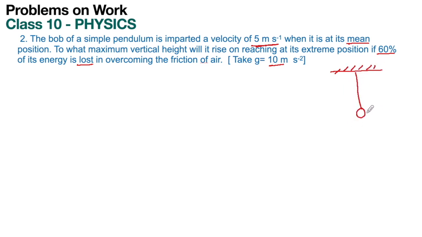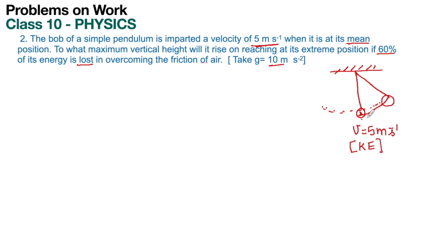Let us say this is the bob of the pendulum. Now, this is the mean position. At the mean position, the velocity is 5 meter per second. Now, this velocity is going to make it reach this extreme and then it will start swinging. So, when it comes to the extreme position, because of this velocity, it will have kinetic energy.